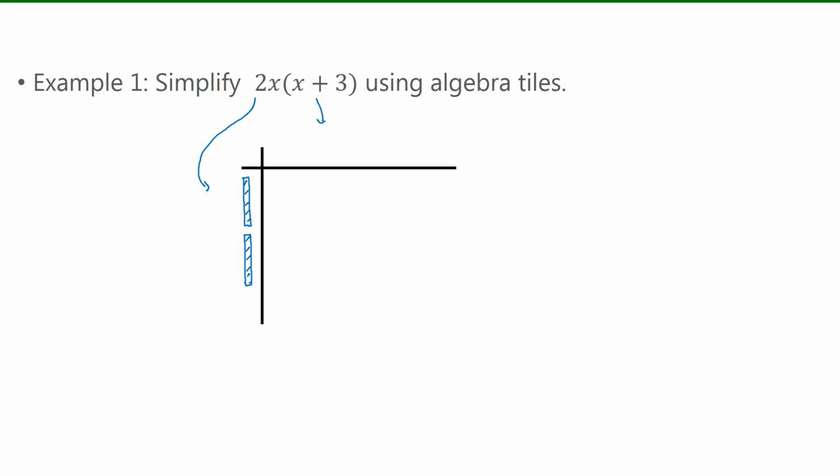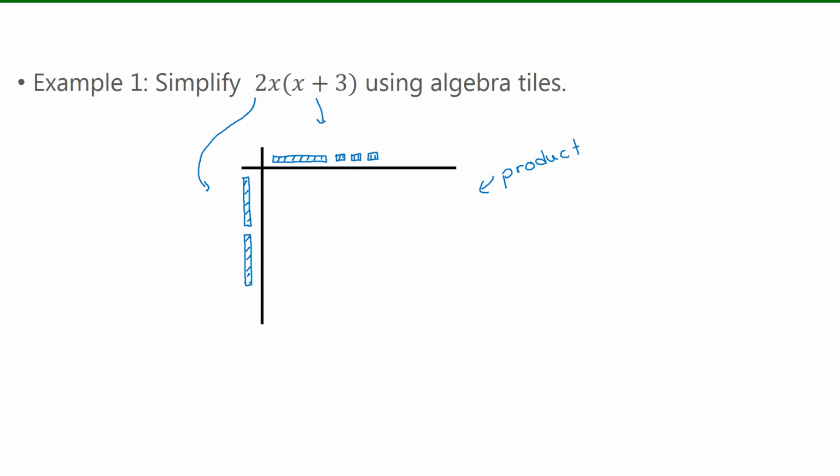And along the top, I'm going to place x plus 3. And I'll fill in the space with the tiles that end up forming a rectangle. And the tiles that result here would be the product.